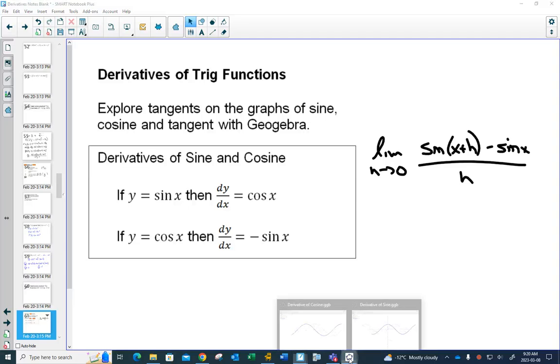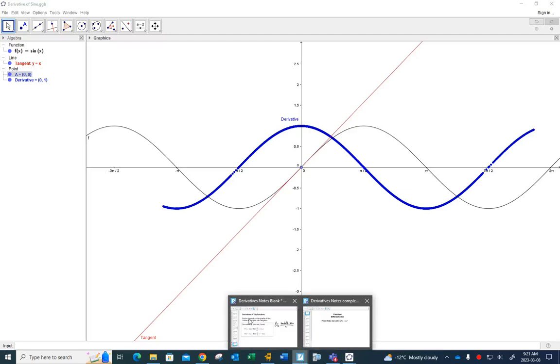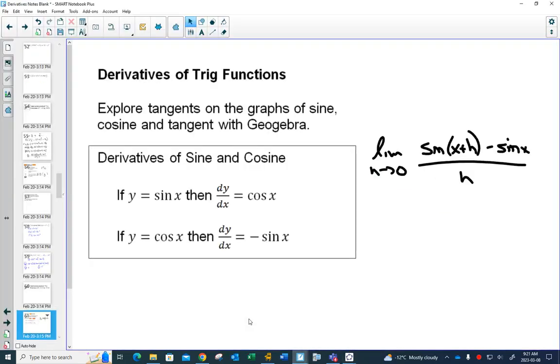But if I think about my sine graph, and I think about starting here, my tangents are all having positive slopes to begin with. So if I imagine my sine graph, I imagine drawing a tangent line, and I see that positive slope. For me, that helps me remember that the derivative of sine is positive cos, and the derivative of cos, because those tangents are going to go negative right away, is negative sine.